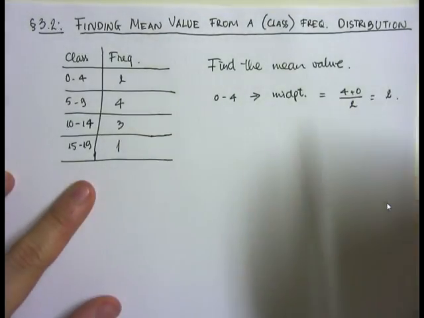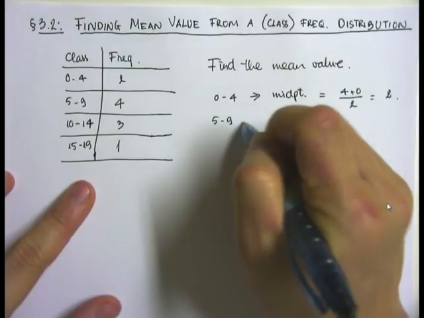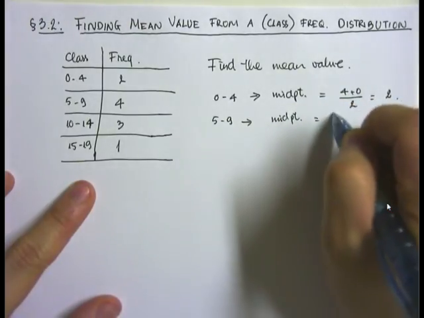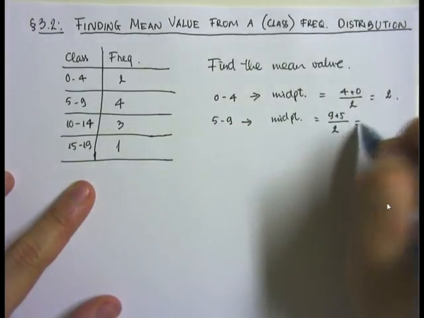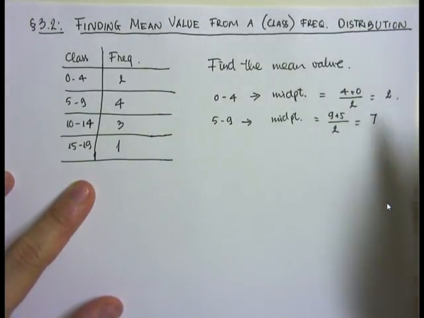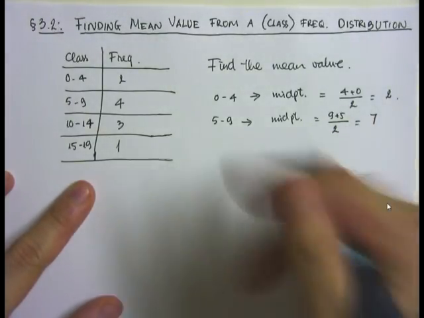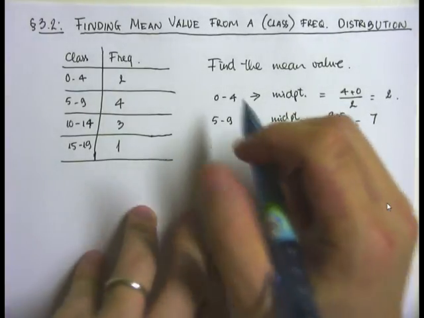The next class from 5 to 9, the midpoint would be 9 plus 5 divided by 2, and that would give me 7. If you're not sure what I'm doing here to find the midpoint, make sure you review my other videos on how to find the midpoints of each class.